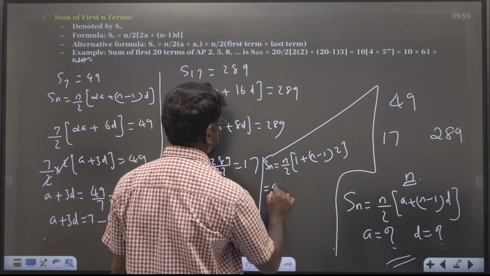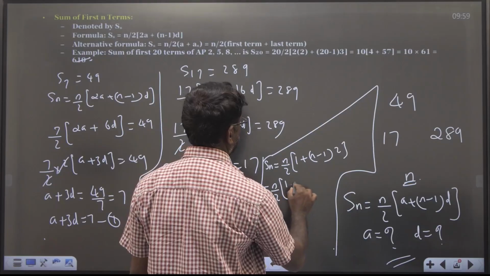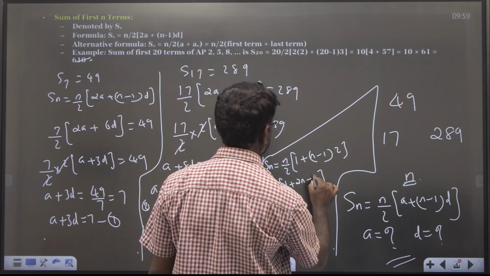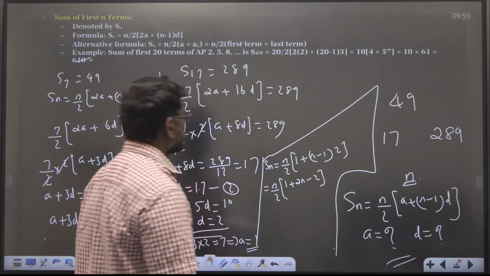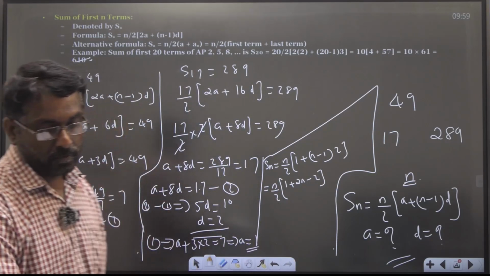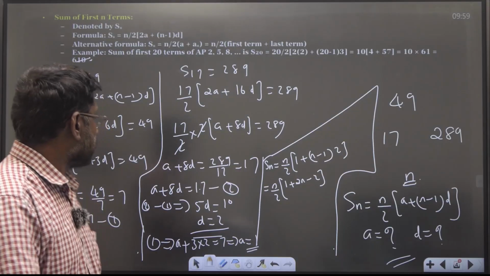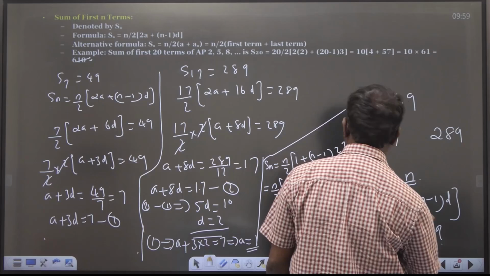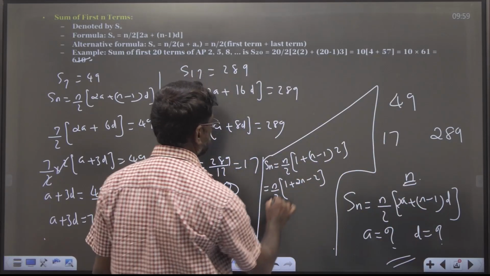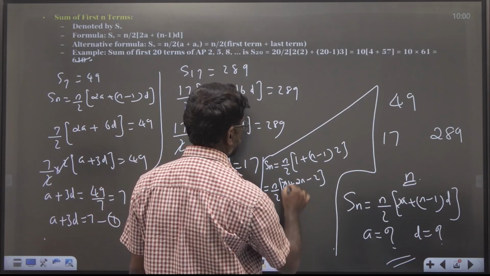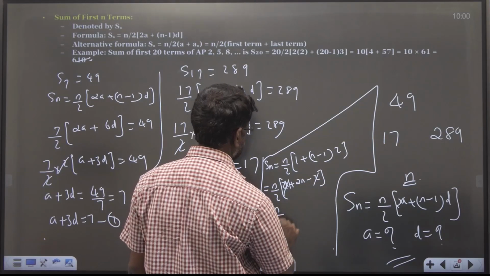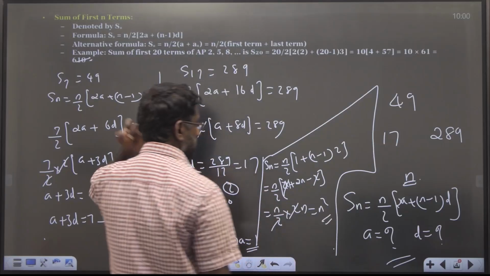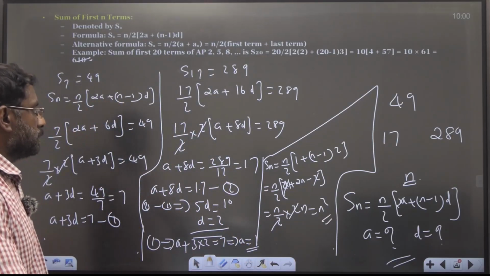That is n by 2 into (2 into 1 plus 2n minus 2). Here the 2s can be cancelled. That is n by 2 into 2n. Again 2 cancels. Yes, n square is the answer.